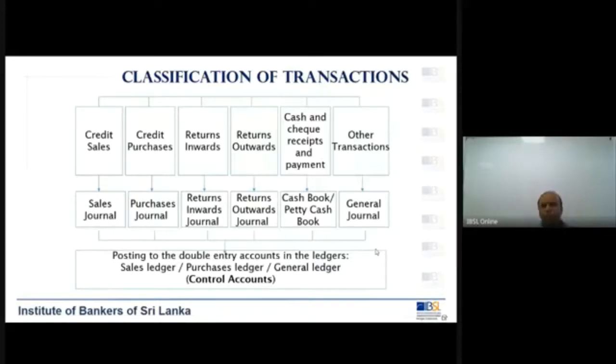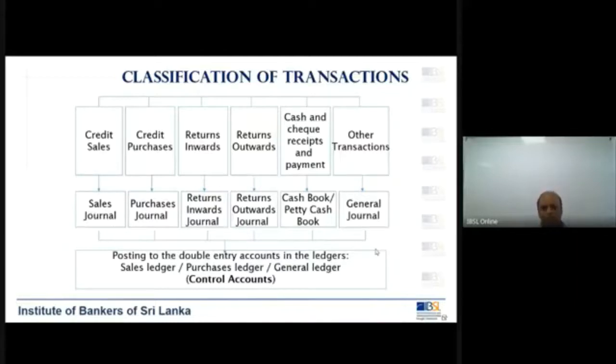That kind of return is known as a purchases return. In accounting terms, we call it returns outwards. Returns outwards. So which means something that you brought into the business is now going out of the business. That is called purchases returns or returns outwards.